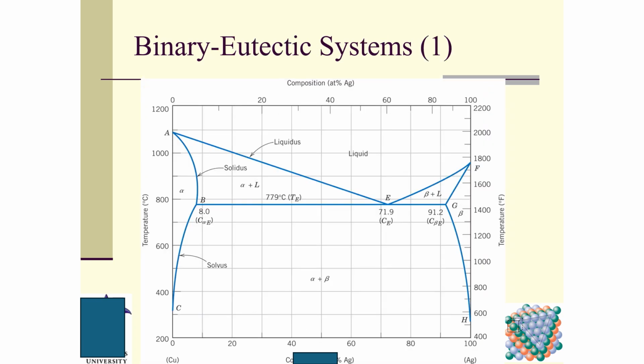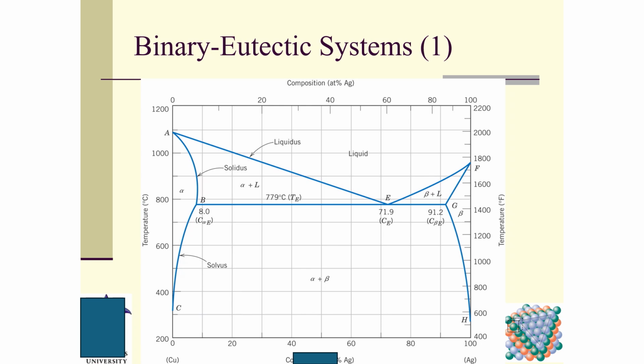No question. We talk about the binary eutectic system. So this is more complicated than the previous one. So you can see, this is copper here, and this is silver.